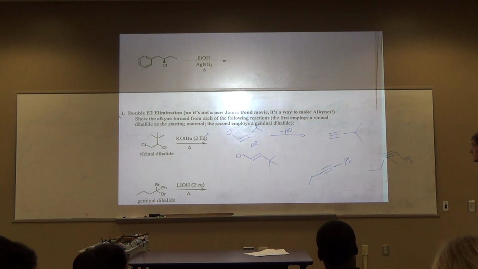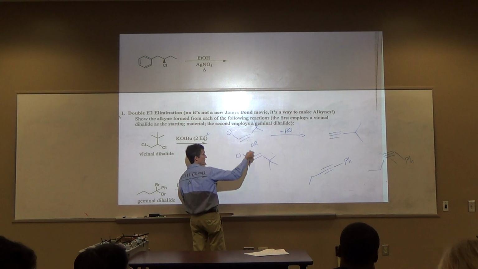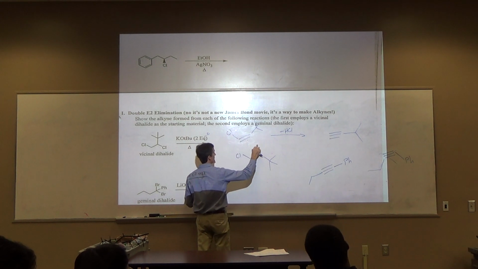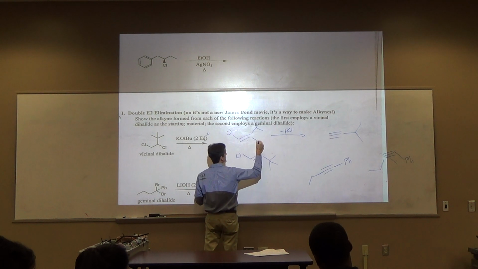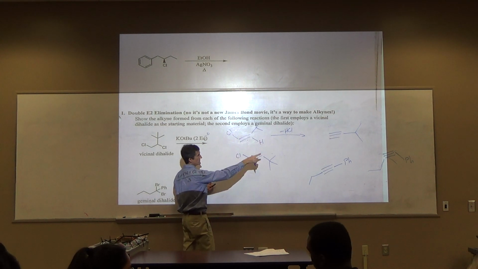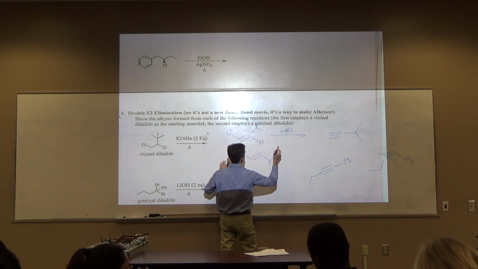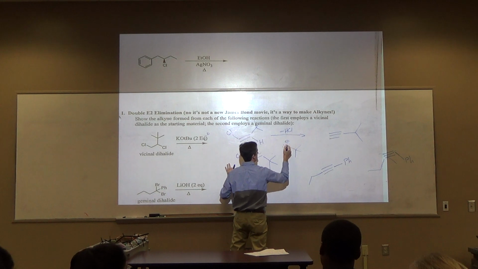Whenever we do the next elimination, again, I'm not sure which structure it is because I'm not taking the time to think about that. But let's consider here. There's the H there. It's gone over there. The base, the tert-butoxide, got a second equivalent.